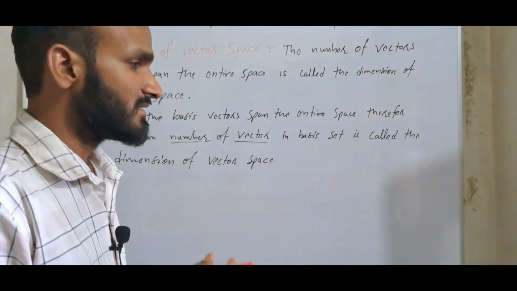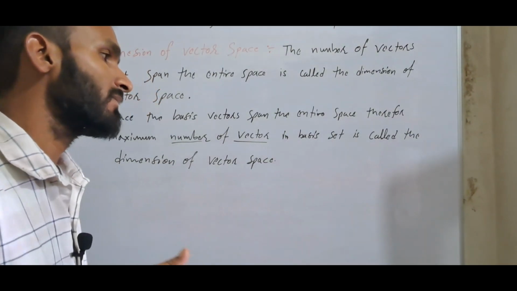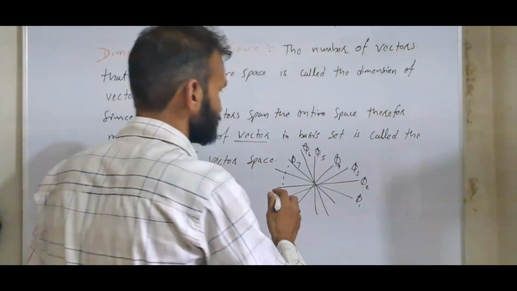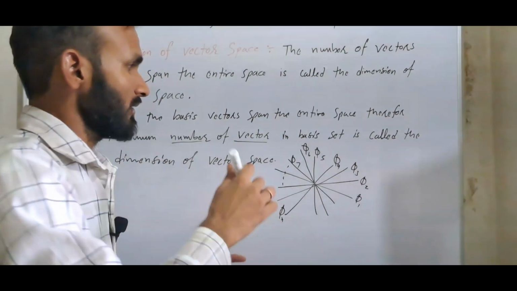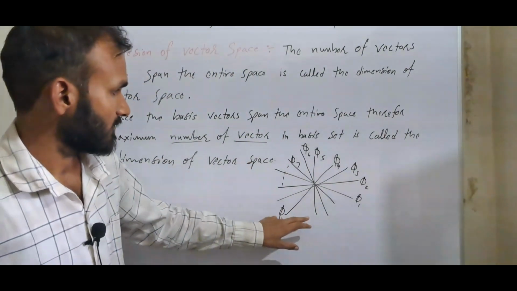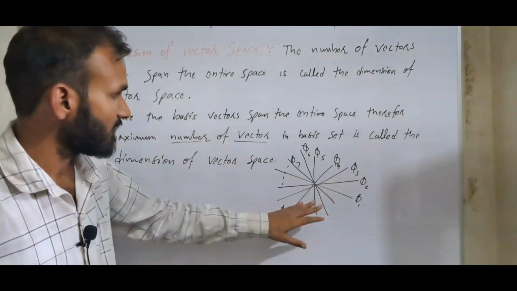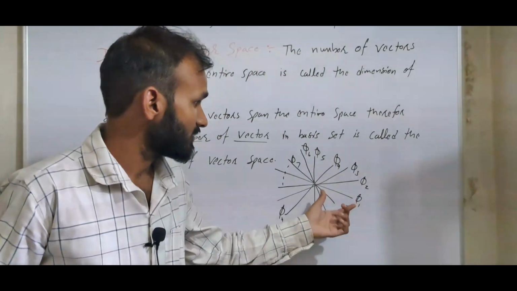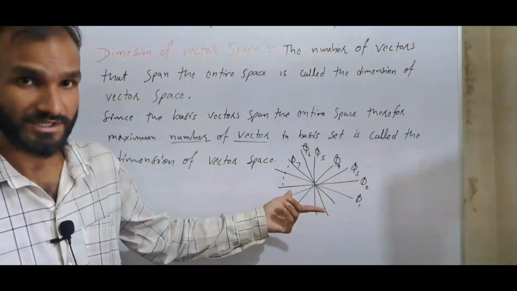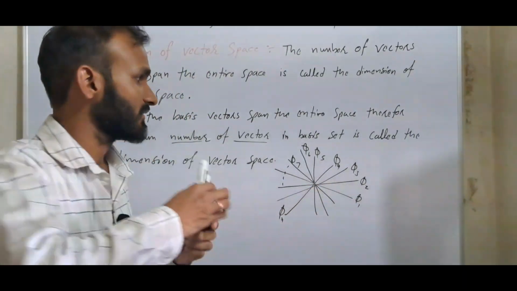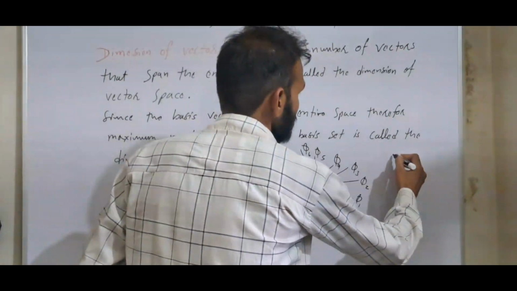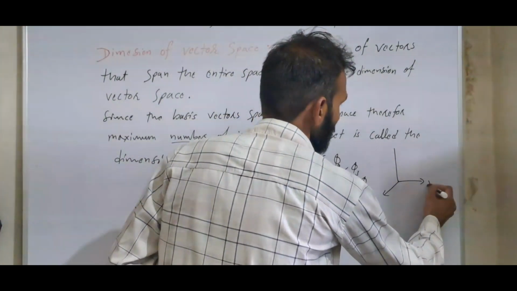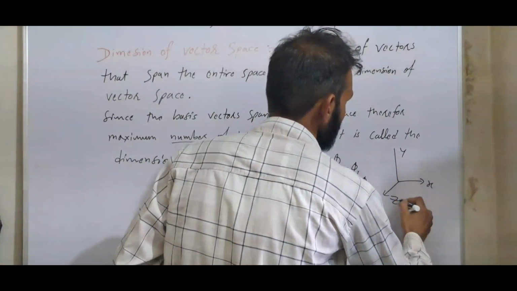So now let's understand a little bit about how they span the entire space. Let's consider this. There are vectors such as, you cannot imagine, obviously they are not looking like orthogonal to each other, but you can think of x, y and z.